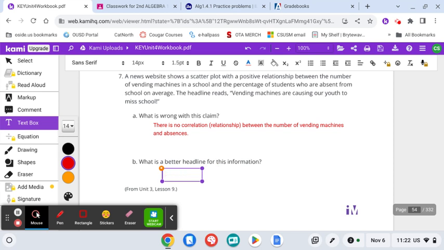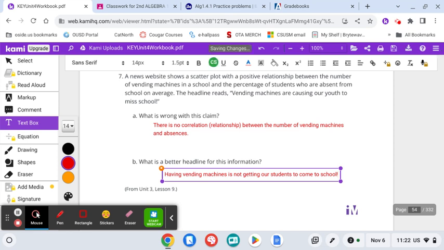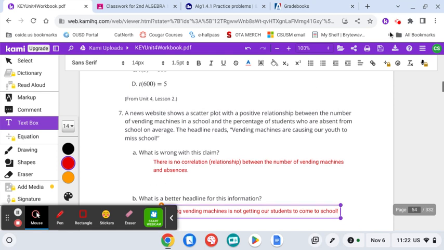So whatever you want to write here, a better headline could be just because we have vending machines, we're still having a lot of absences. So having vending machines on campus is not getting our kids to come to school. How else can we get our kids to come to school? Something like that. Okay, how'd you do?